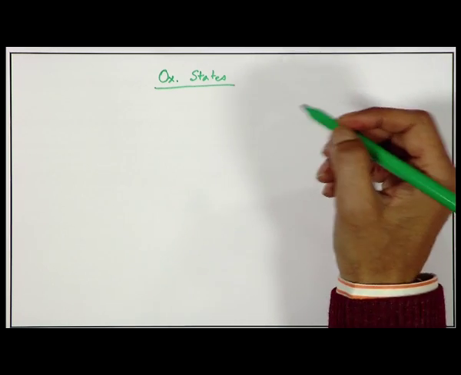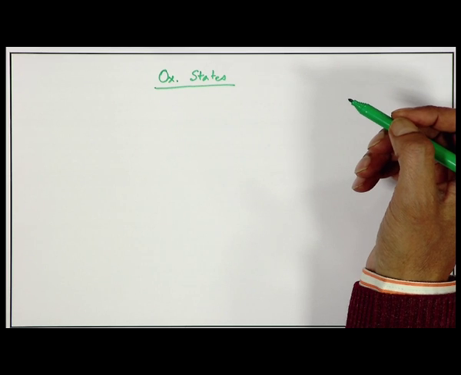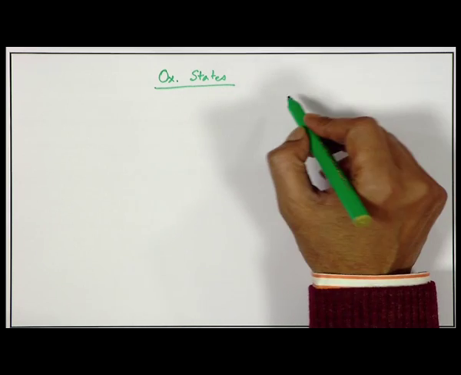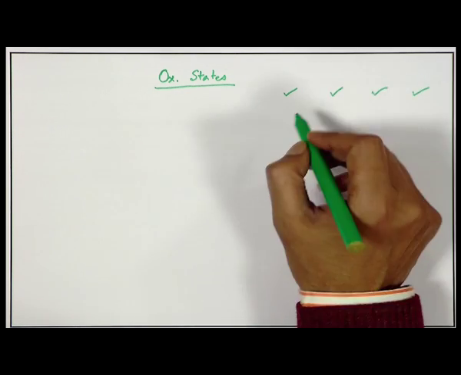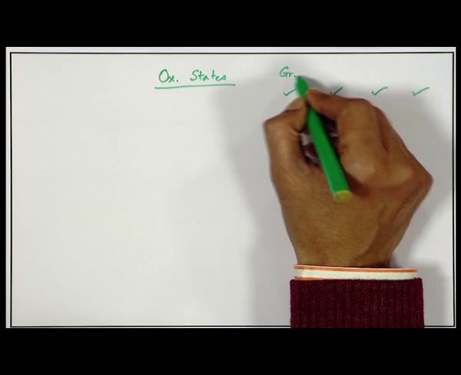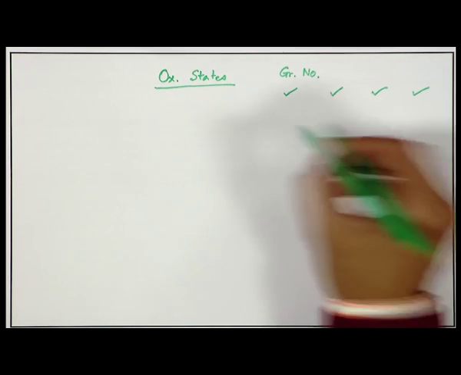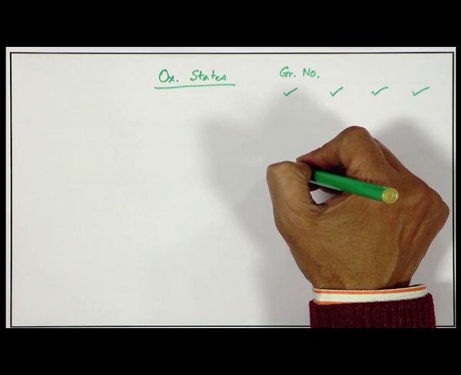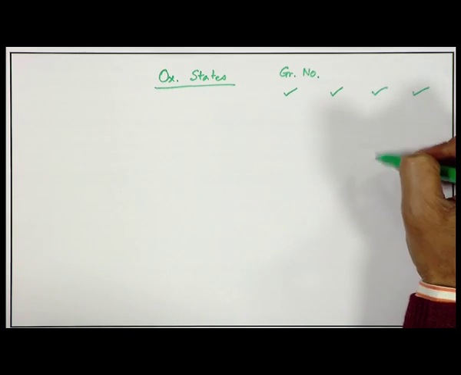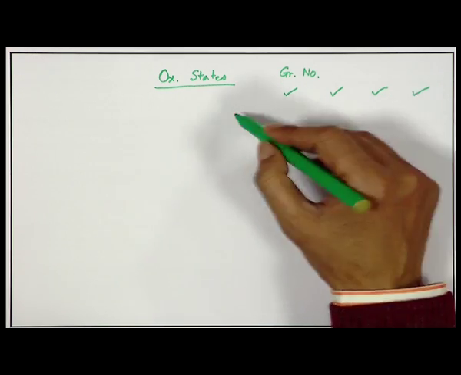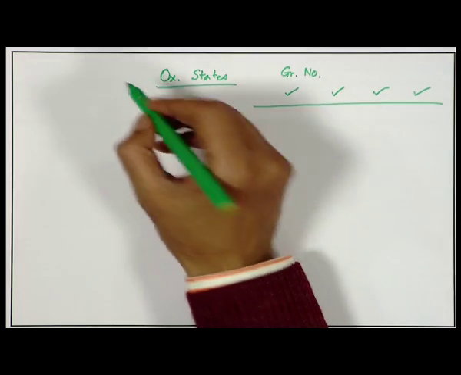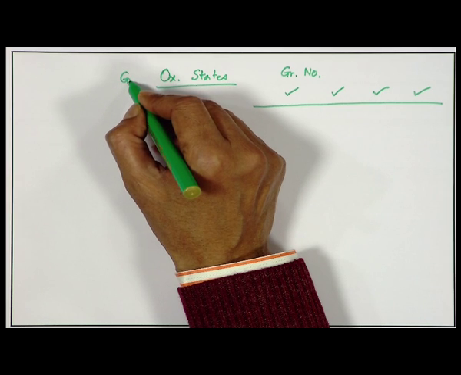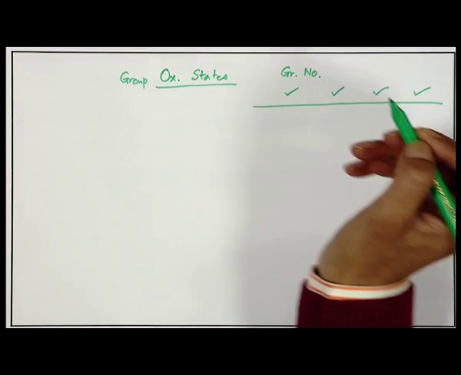This is definitely related to the corresponding group number, and depending upon the group, which we know from the periodic table, such as chromium, molybdenum, tungsten, and likewise nickel, palladium and platinum. We can assign to them the group oxidation states.